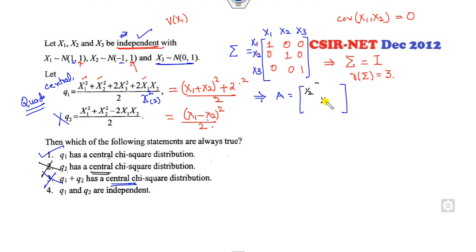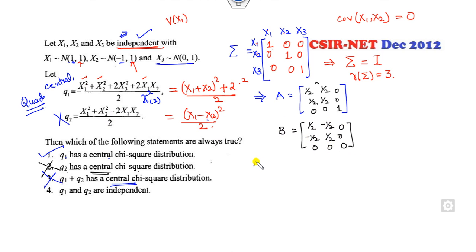Half. Coefficient of x2 square? Half. Coefficient of x3 square is 1. x1, x2 is half, half, the rest values are 0. Similarly, I can write for B: coefficient of x1 square half, coefficient of x2 square half, coefficient of x3 square 0. This is minus 1, so I can write it like this.